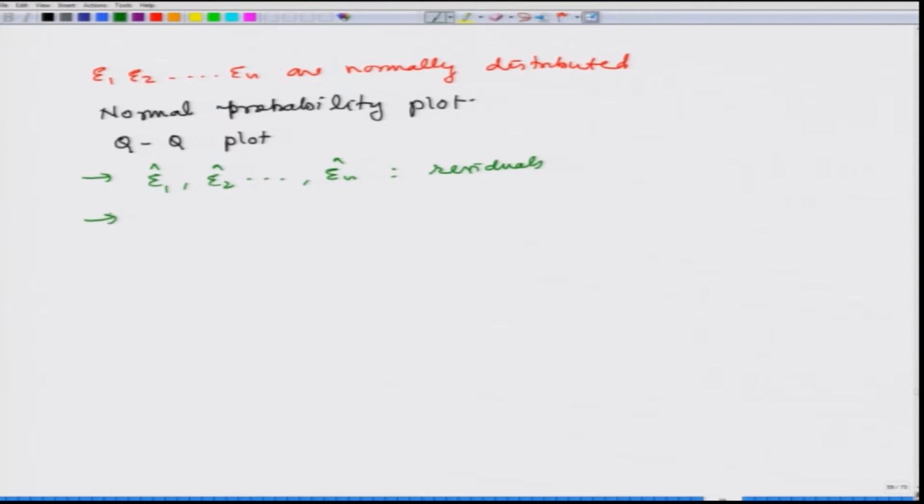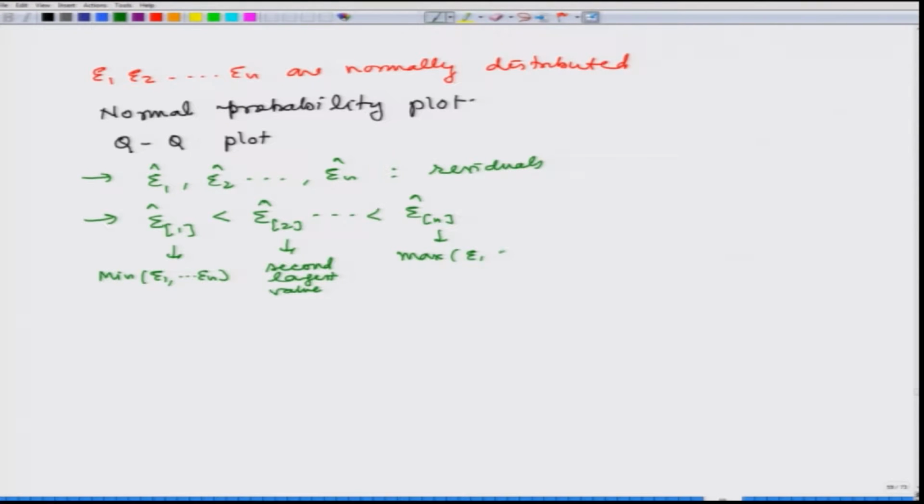In the second step, we order these residuals and denote them epsilon hat [1], [2], [3], [4] up to [n] inside square brackets. The first is the minimum value among all epsilon 1, epsilon 2, ..., epsilon n, this is the second smallest value, and similarly this is the maximum value.